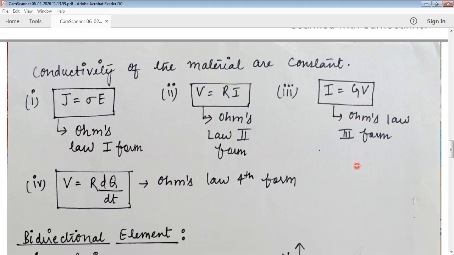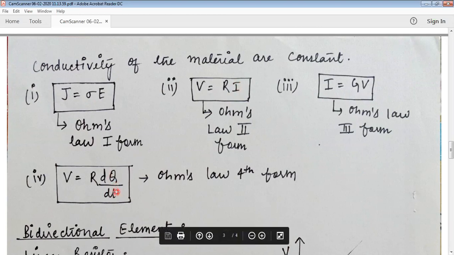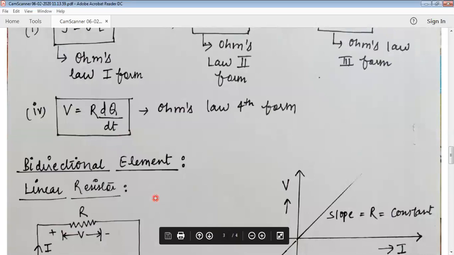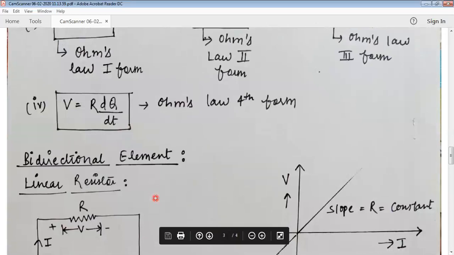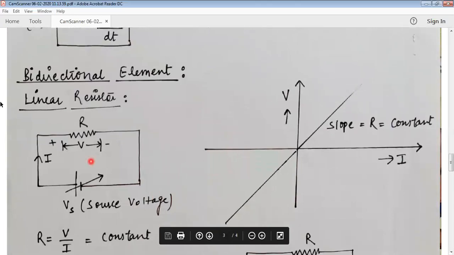And the current you can write as dq by dt, the rate of change of charge, so V equal to R dq by dt. This is also one form of Ohm's law. Clear? So this was about Ohm's law. Now let's see some extra concepts related to resistance. So one is the bidirectional element and the linear resistor.